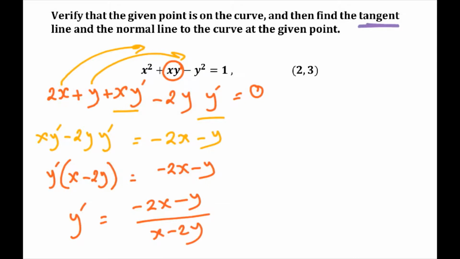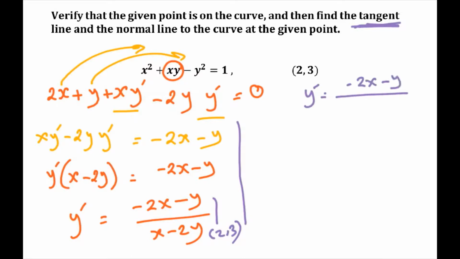Now, in order to find the tangent slope, we need to substitute x by 2 and y by 3. So y prime equals negative 2x minus y over x minus 2y.